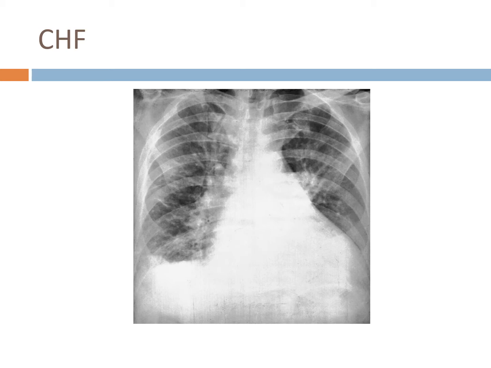The fluid collection around the vessels causes the margins to be blurred, and you have fluffy perihilar opacities caused by the fluid collection in the lung tissues. So it just kind of looks like someone took some cotton candy and made it really thin, with that fluffy, hazy appearance.